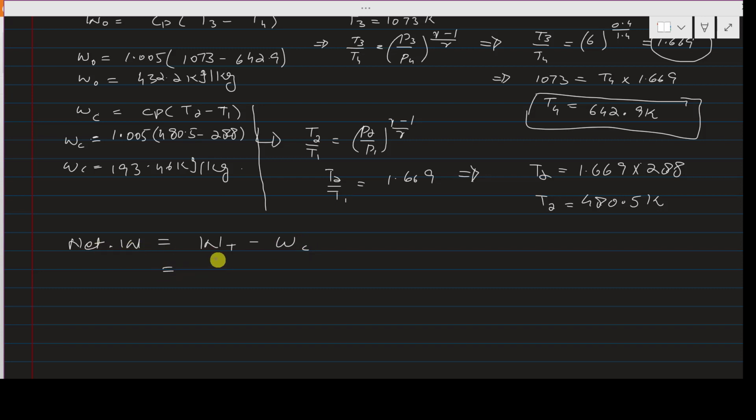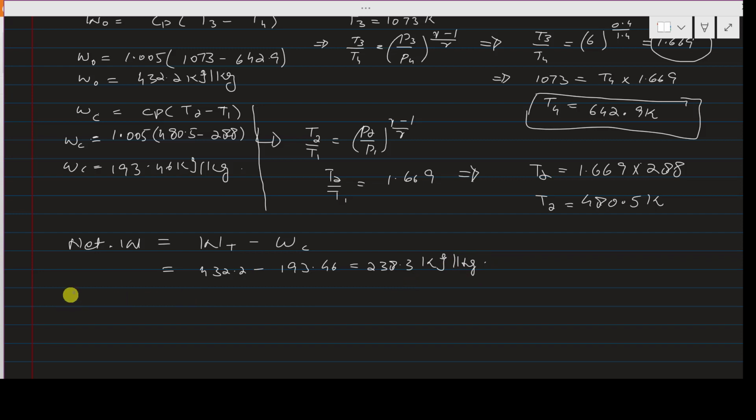The work done by the turbine is 432.2, and the work supplied to the compressor is 193.46. After doing the calculation, you will get the net work output as 238.8, roughly, kilojoule per kg.